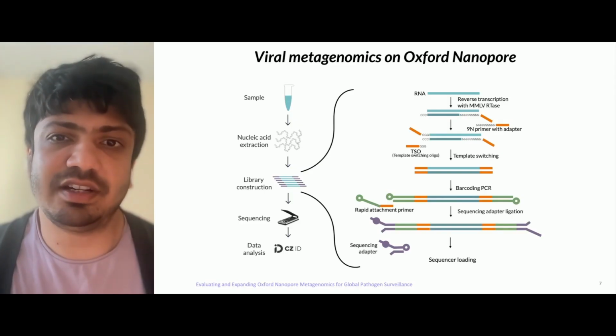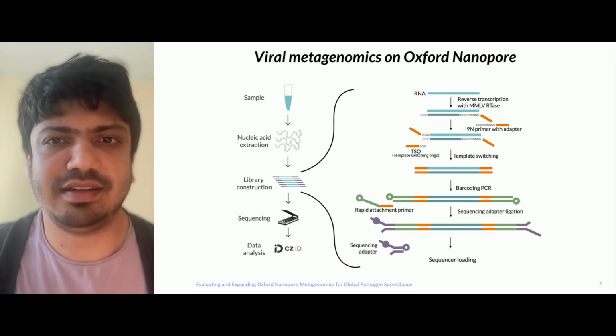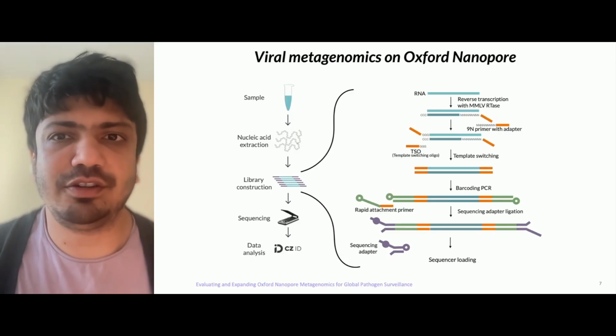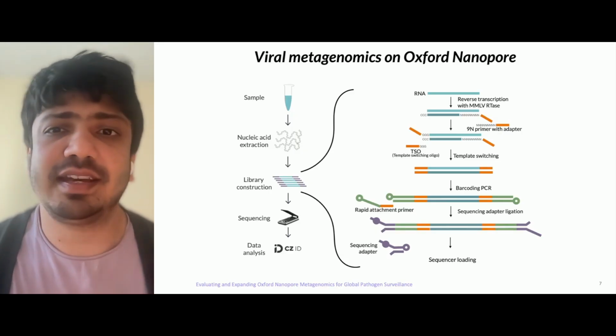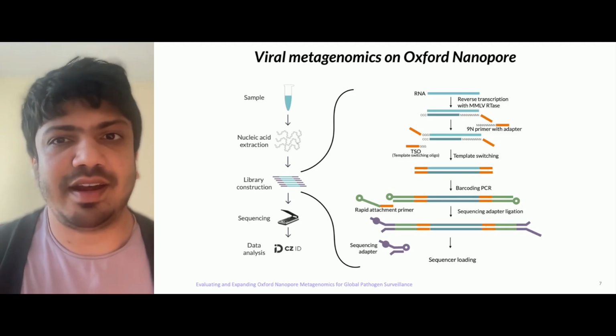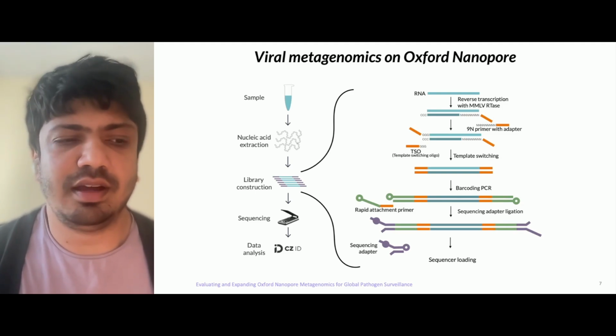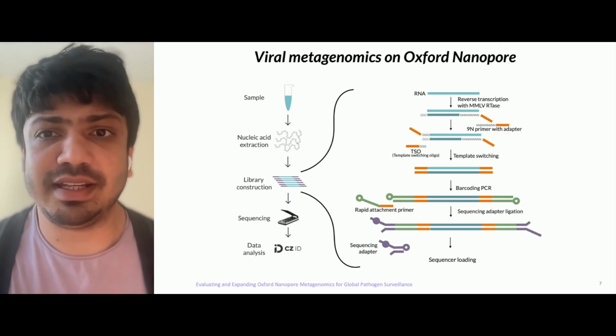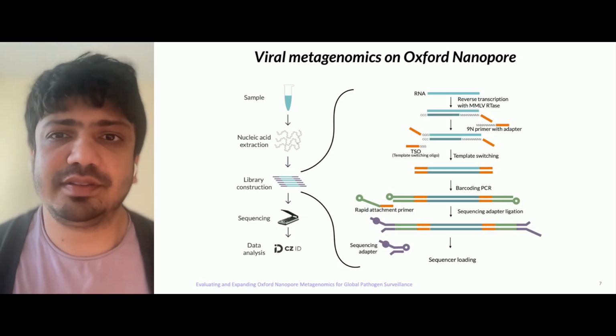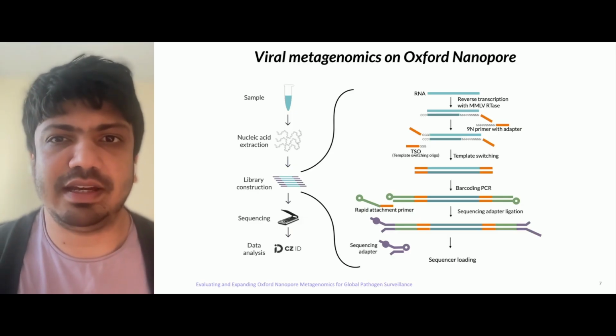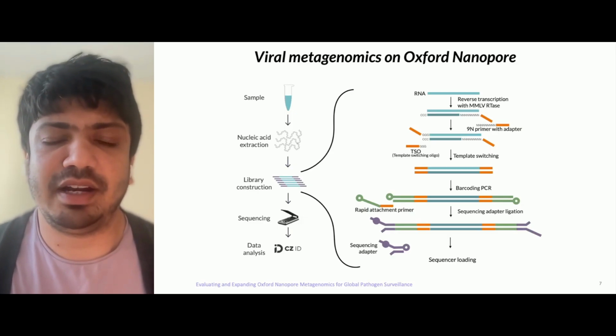This is originally a strategy that was used in single cell RNA sequencing, but in this case has been adapted to viral metagenomics. In single cell RNA, instead of using random N-mers, you might use poly T oligos to capture the poly A tails of mRNA.